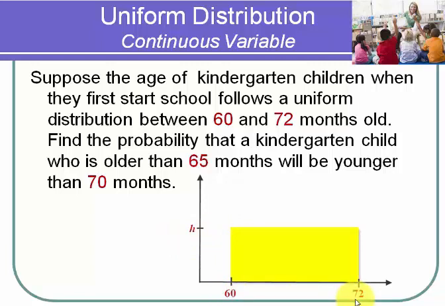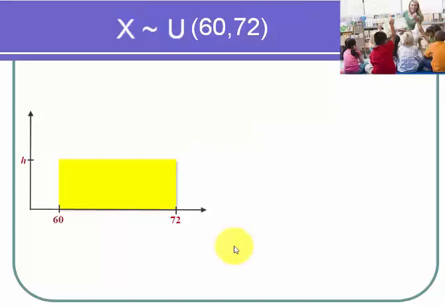So whenever we want to deal with probabilities of continuous distributions that involve a uniform distribution, we need to start by finding this height. So let's do that. Again, the total area under the curve must be equal to 1. That was one of our big properties of any continuous distribution.